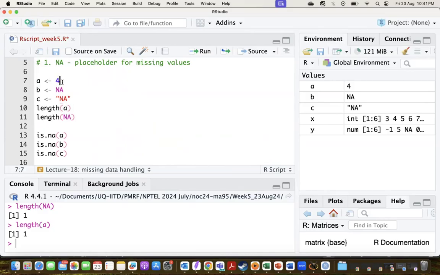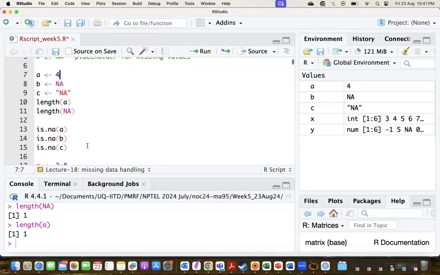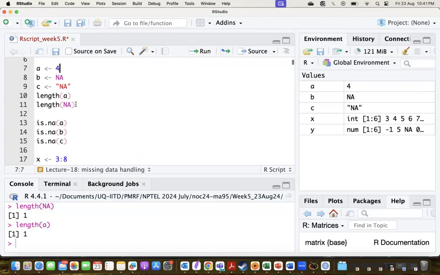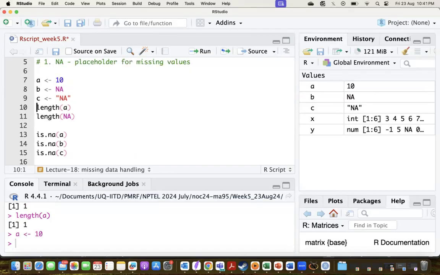Whatever we type in the bracket, let's say a whole name, Aditya, what will be the length, 1 or 5? It is 1, because length is the number of elements. In case I would have written 10 here, the length would still be 1, it's not going to be 2.